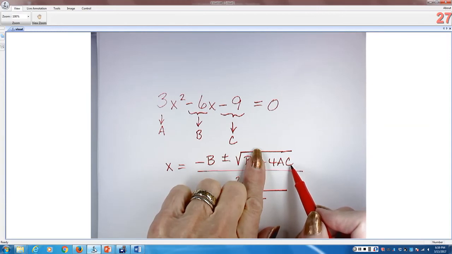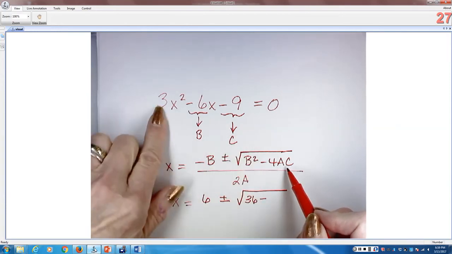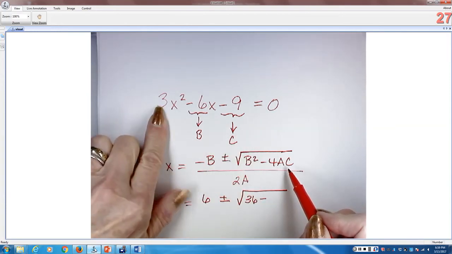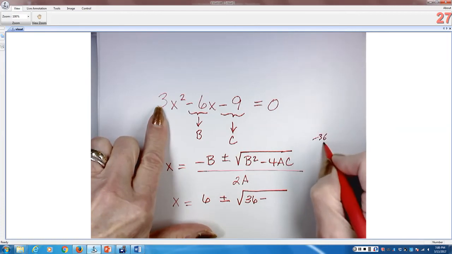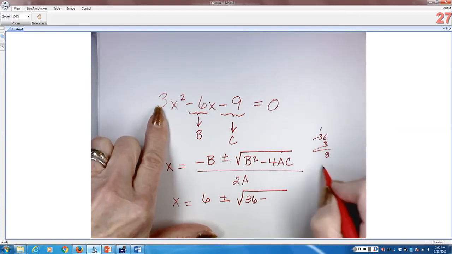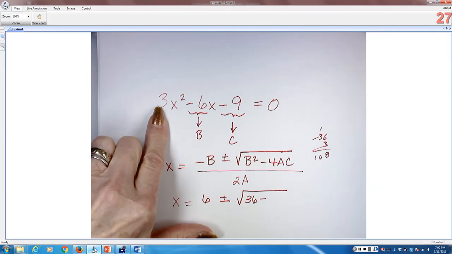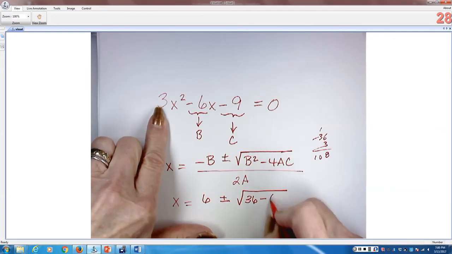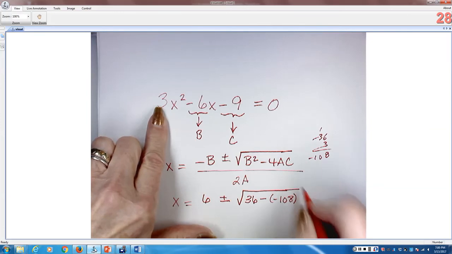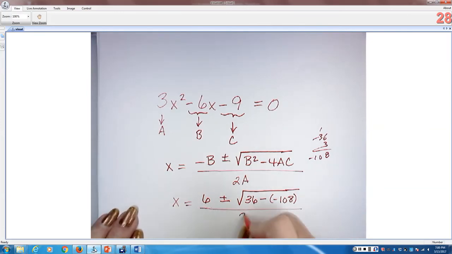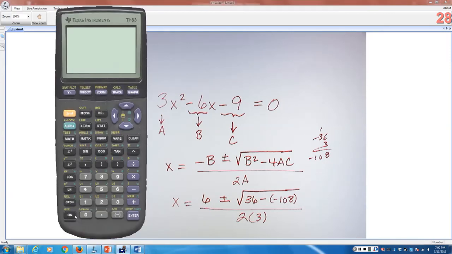Times 3 is how much? Negative 108, right? Over 2 times 3.